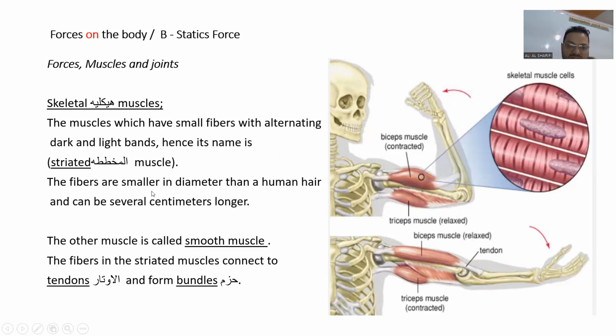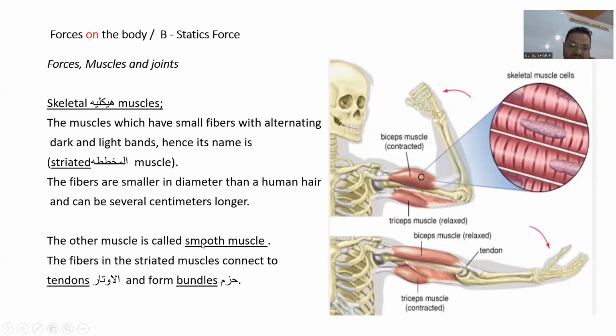The fibers are smaller in diameter than a human hair, less than the diameter of a human hair, but can be longer, up to a few centimeters. The other muscles are called smooth muscles. Here I have two kinds of muscles at the biceps, triceps.